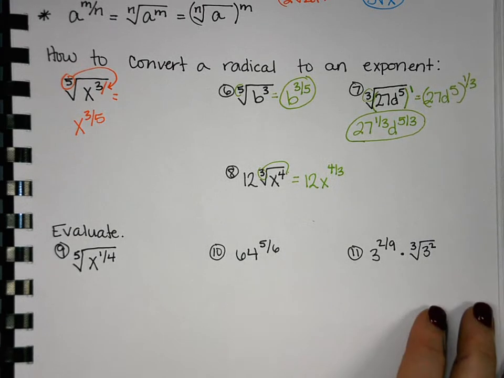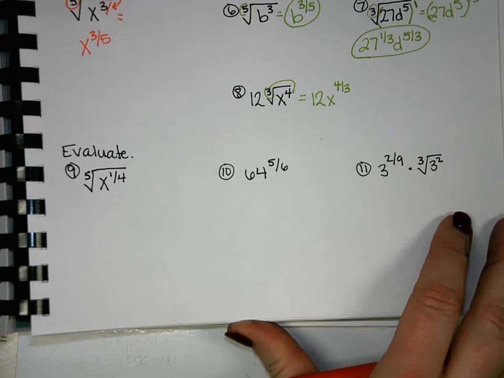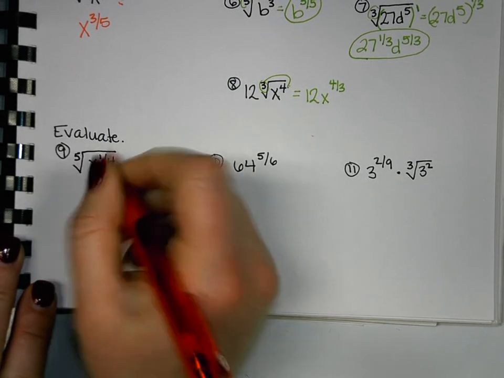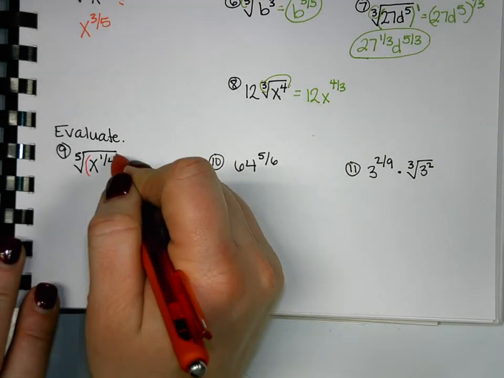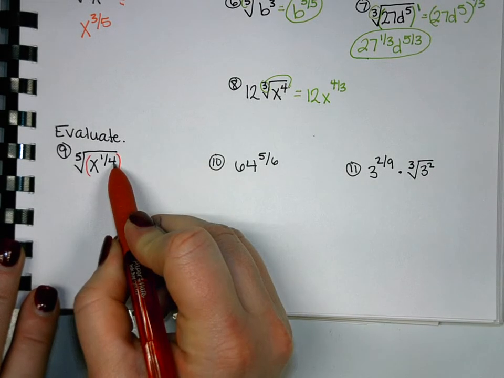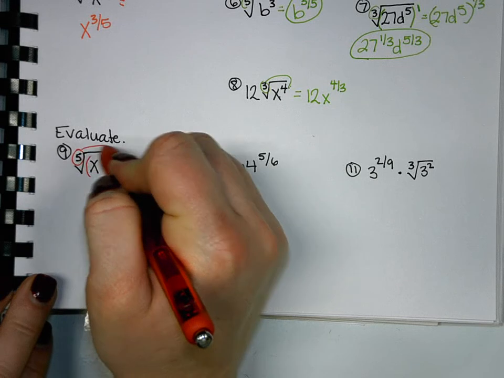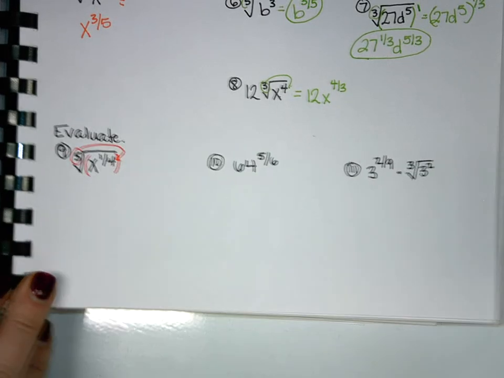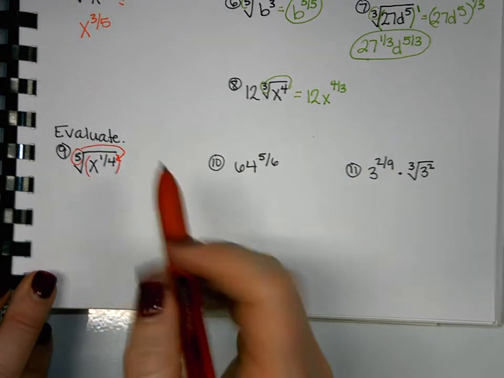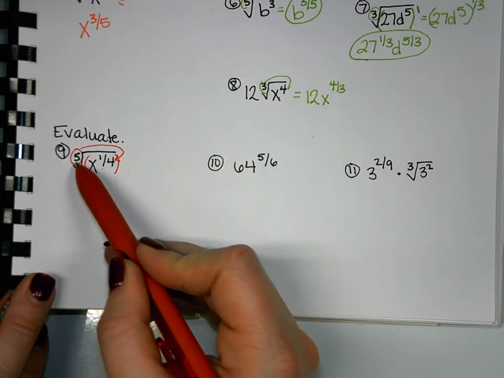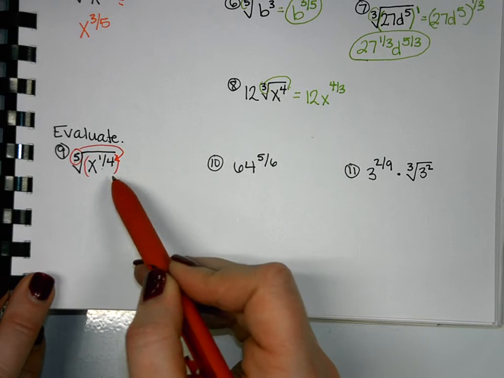So with number 9, we're going to start by writing it in exponential form. So what do we do when there's already something in the denominator? Because where does the 5 have to go? It also has to go down there. So when you already have a denominator, you're just going to take the index and multiply it to whatever's already down there.